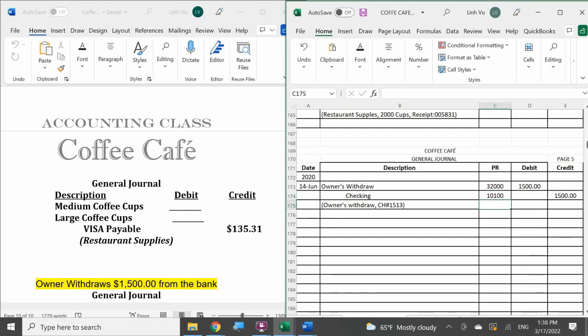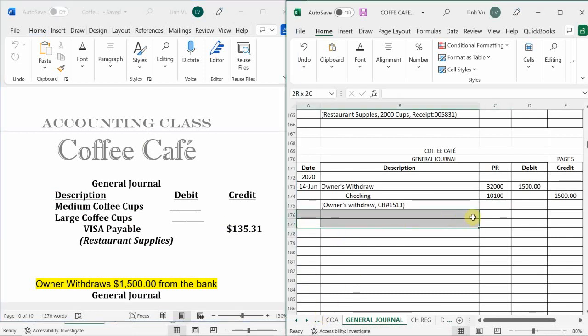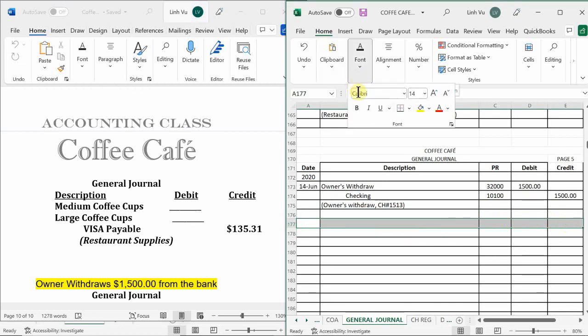So once again, now that I've reached the end of my journal, last but not least, I'm going to put this bar here to represent that I am done with the transactions for this week.